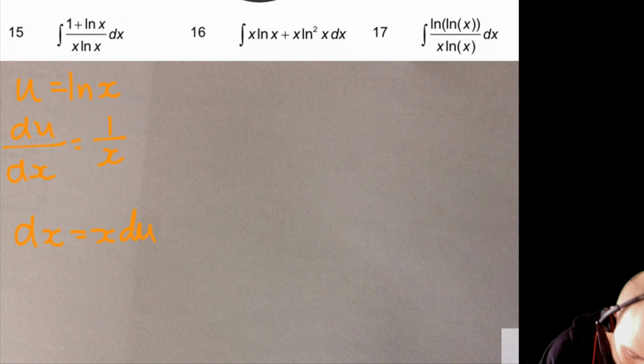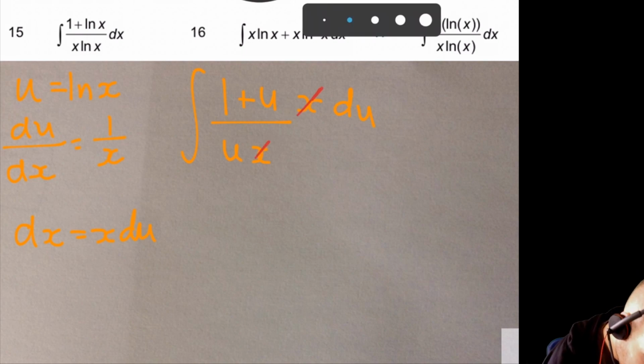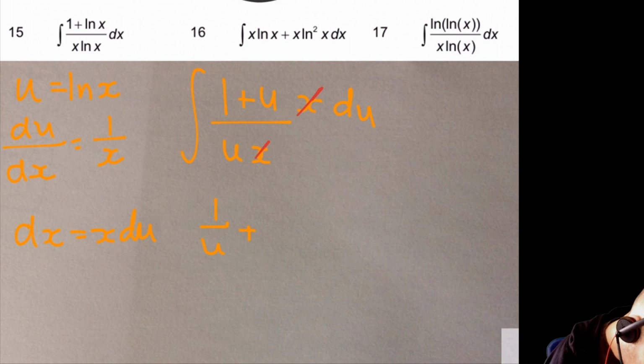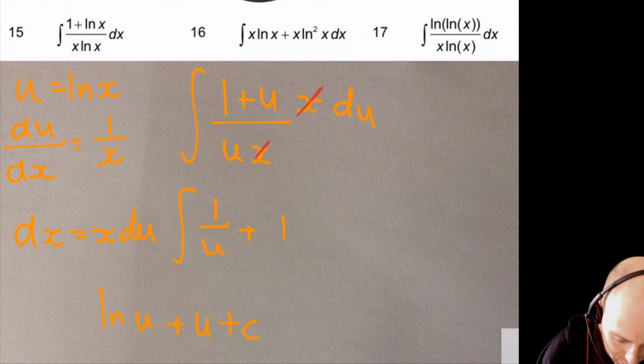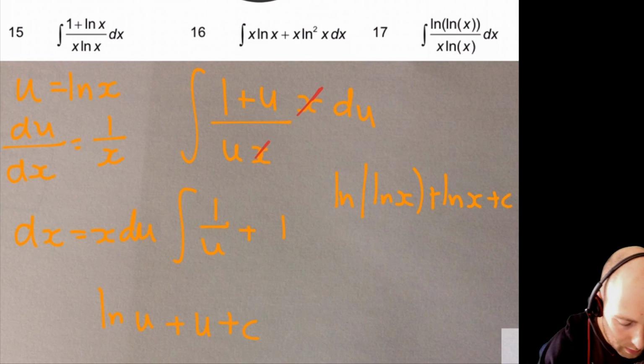So if we put it all together, we get 1 plus u over u times x, x du. The x there is going to cancel with the x there, leaving us with 1 plus u over u. So that's 1 over u plus 1, which integrates to ln u plus u plus c. We know u is ln x, so we get ln(ln x) plus ln x plus c.